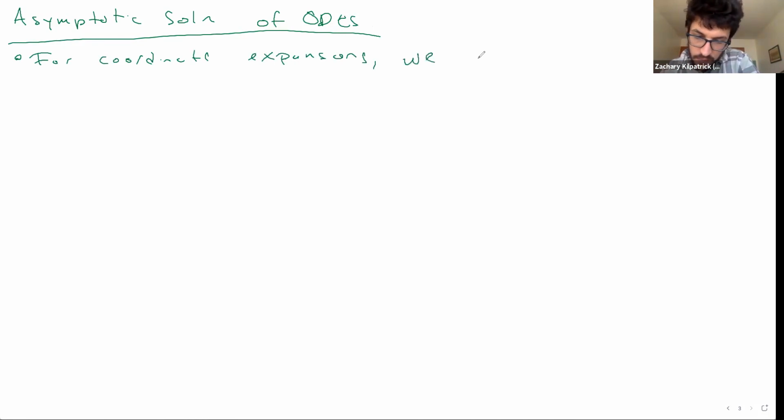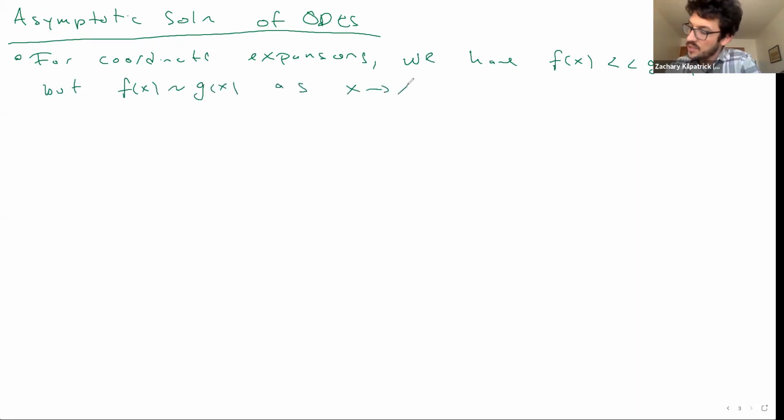We typically use things like f of x is much less than g of x, okay? But you could have f of x is approximately given by g of x as x goes to some value x0, okay?